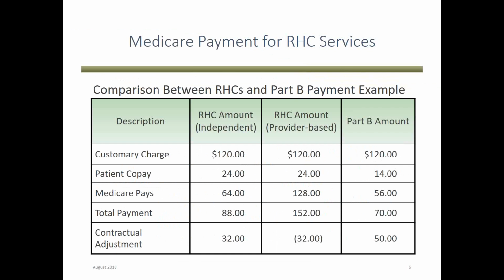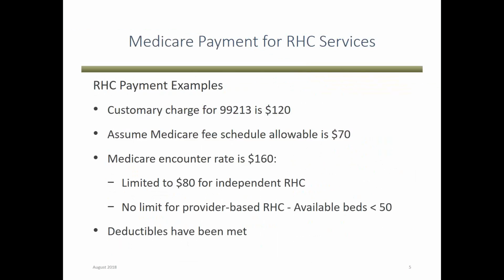Part B, if you have just a freestanding clinic, not an RHC, same scenario. $120 charge, patient copay is only $14. Reason being, the Medicare physician fee schedule, from what we said here, the allowable amount is $70.